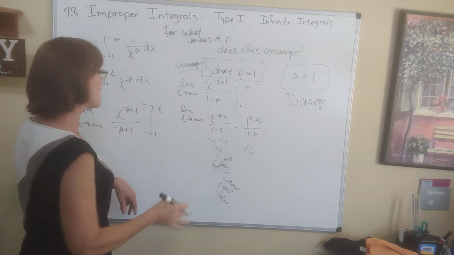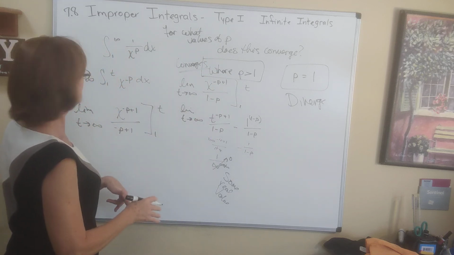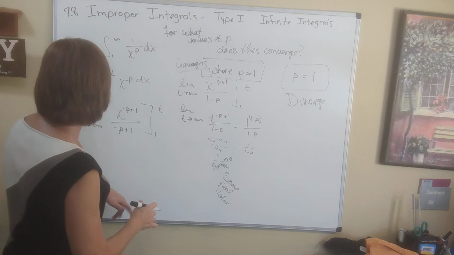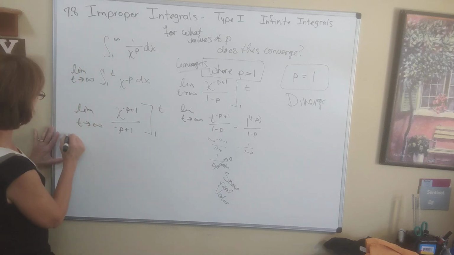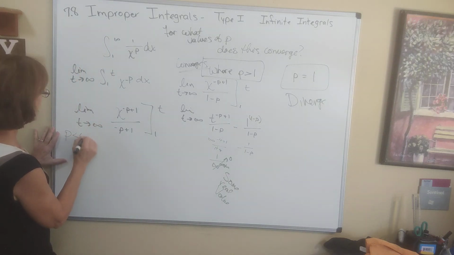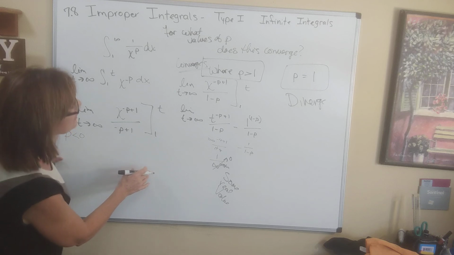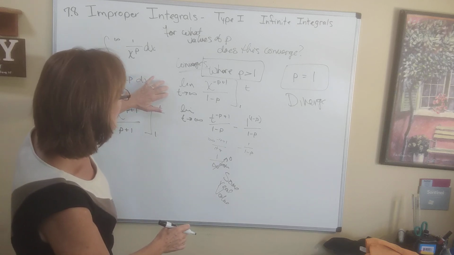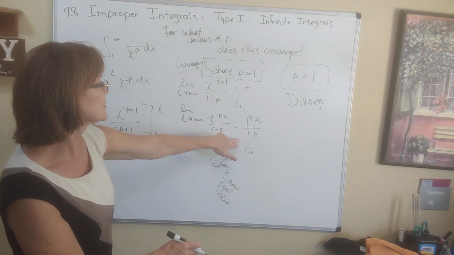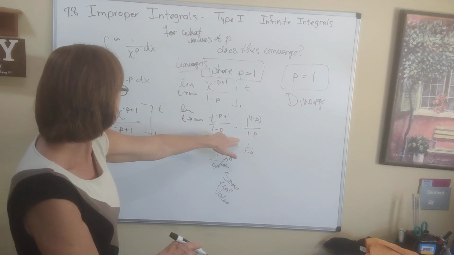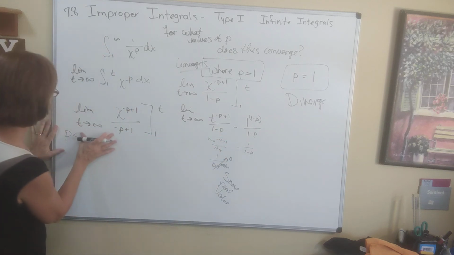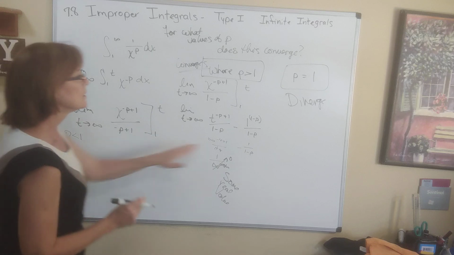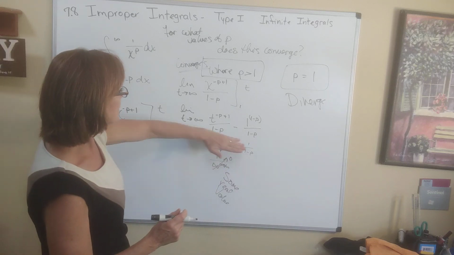Okay, what about when p is less than 1? Let's consider that one. We can pick it up right here. For one thing, it's defined because p is not 1. So let's pick it up here.